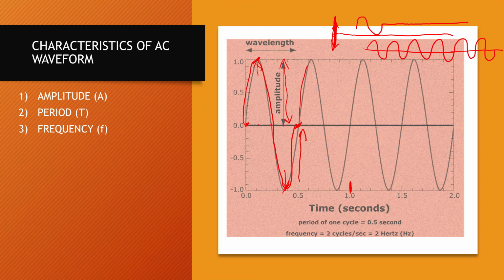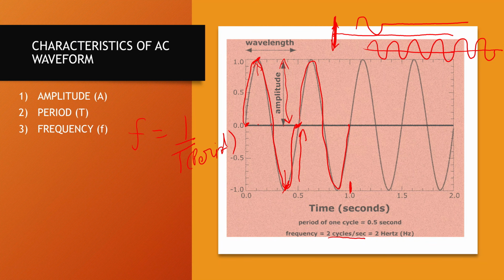Then you have your second cycle, and that's it. You have your 1 second over here. So how many cycles? 2 cycles. That is why the frequency is 2 cycles per second, or you can say 2 hertz. So frequency is equal to 1 upon time, or you can say period.